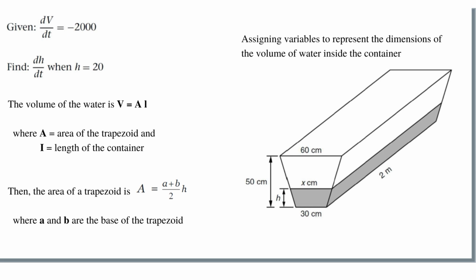So here is the complete picture of the container with these new sets of variables and constants. As much as possible, identify all the constants in your figure because this would simplify the equation you will use to represent the situation in the problem.